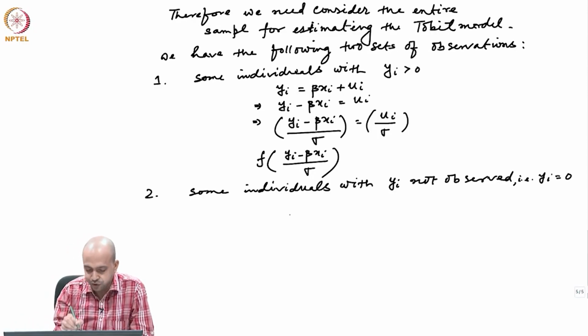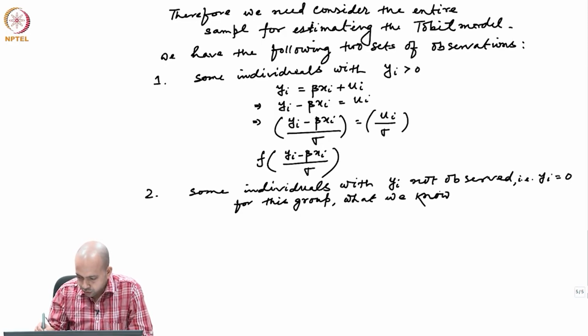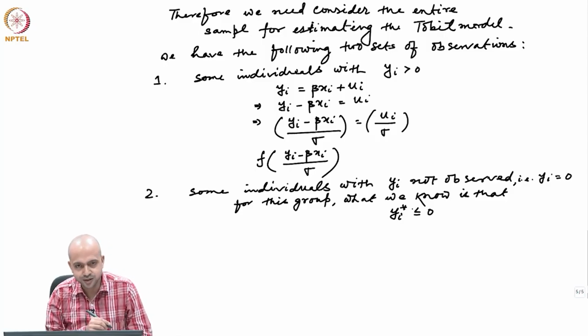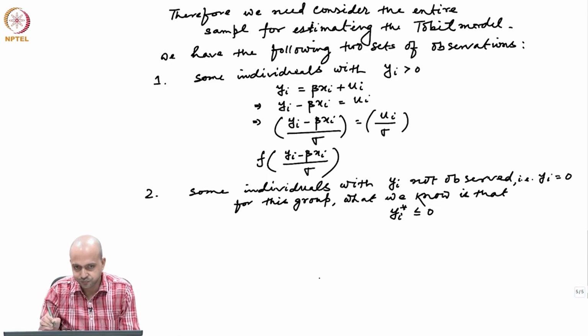For this set of people, for this group, what we know is that yi star is less than or equal to 0, yi star less than or equal to 0.